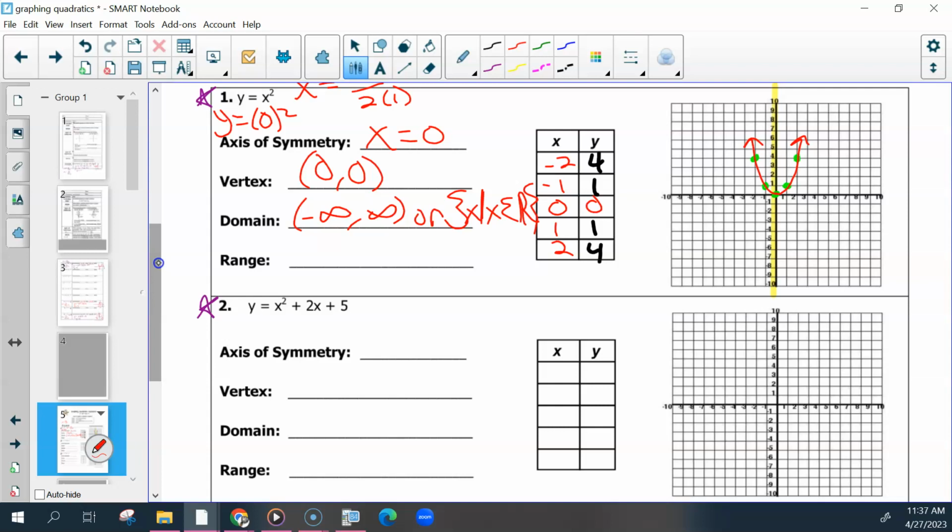For our range, what's our lowest, what's our highest? What's our lowest value? 0. Cameron, what's our highest?